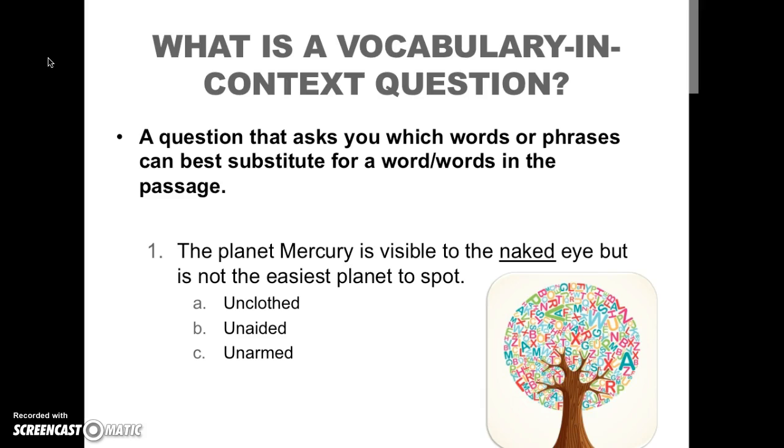Does naked mean unclothed, unaided, or unarmed? Normally, naked means A, unclothed, but in this sentence, naked means B, unaided, because we do not need any help to see Mercury. We are unaided. This is context. Context means the vocabulary in the sentence.